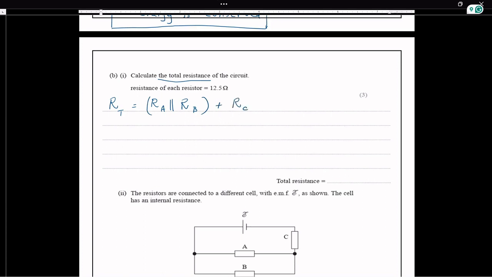Each resistor has a value of 12.5, so this is 12.5 ohms parallel to another 12.5, plus 12.5.